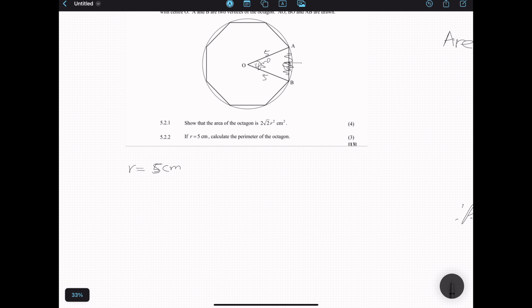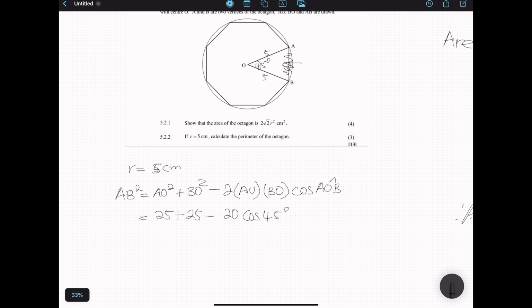So to get AB, we'll say AB squared is equal to AO squared plus BO squared minus 2 AO BO cos of that angle, which we call AOB, right? So you can continue further and say 5 squared is 25, plus 25, minus 2 times 5 times 5 is 50, so 50 minus 50 cos 45 degrees.